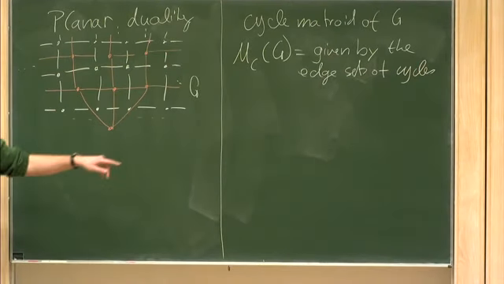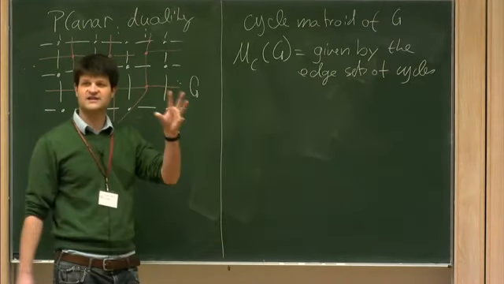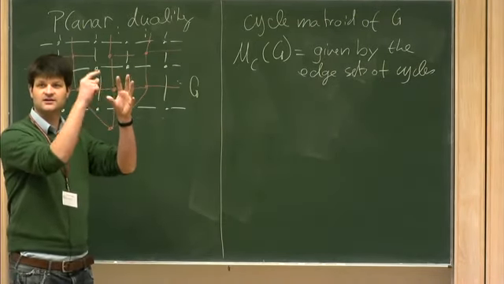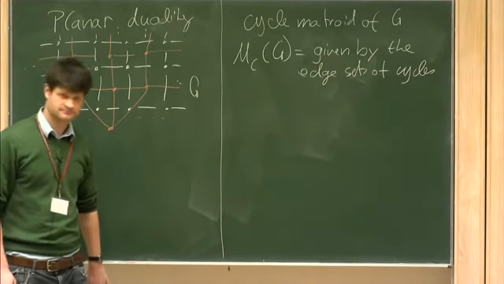The important thing to note here is that for every cycle we only store which edges appear on it, but we do not store the information in which order they appear.